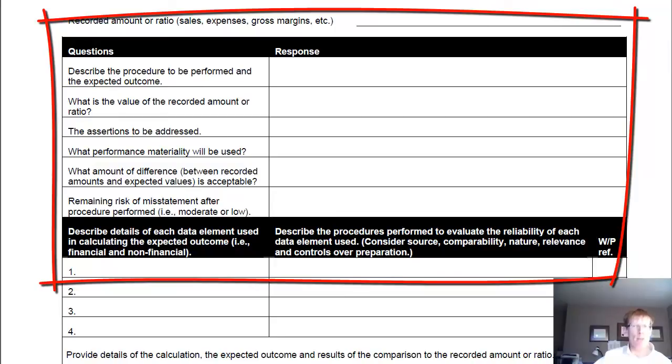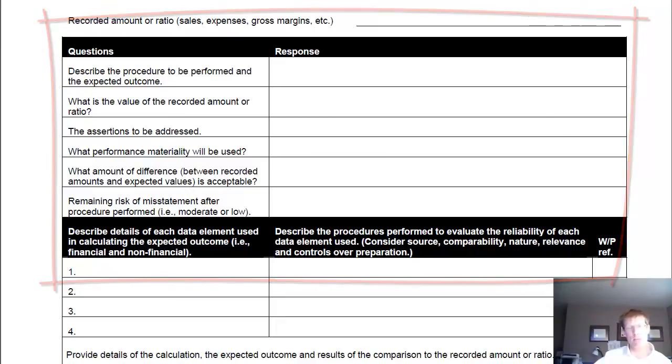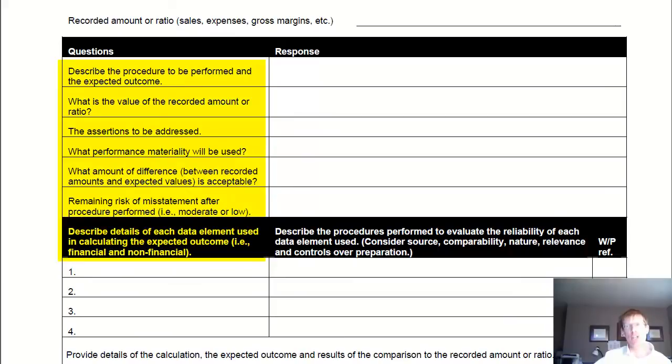Free-form in the sense that there's not a prescribed analytical procedure because the ratios and the metrics can vary between companies and between industries. So all this form does for the auditors is it asks them to document the analytical procedures that they're performing, which assertions they're trying to address, any expectations versus the actuals, any variances, what procedures were used to follow up on those variances, and then to document the reason for those variances.